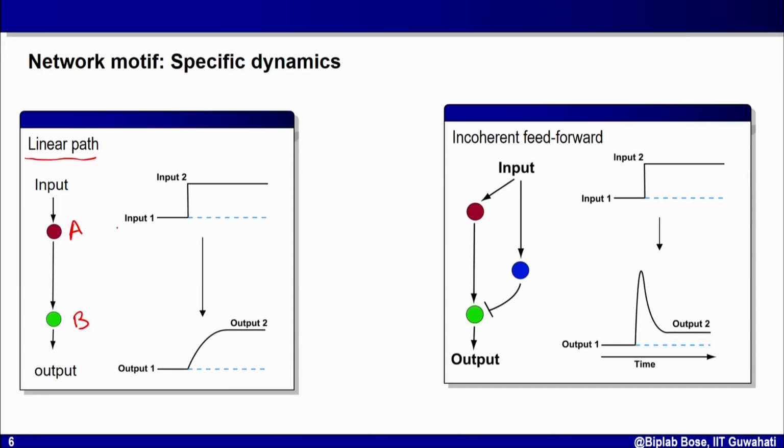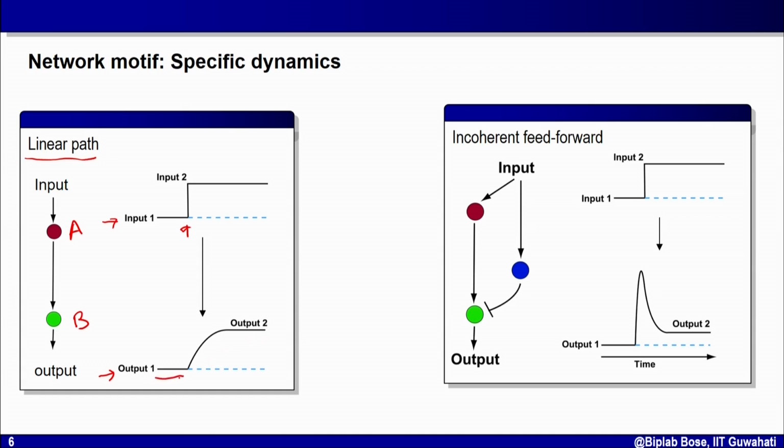Suppose initially the input was at input 1, a particular value, maybe 10 or something like that. And the output you have measured is at a particular value, say 200 or something like that. Now if all of a sudden I increase the input to input 2, which is a higher value than 1, so I am doing a step jump for the input, then for this type of linear path, I can show by making an ODE based model, or even by experiment many a time, that the output will also increase.